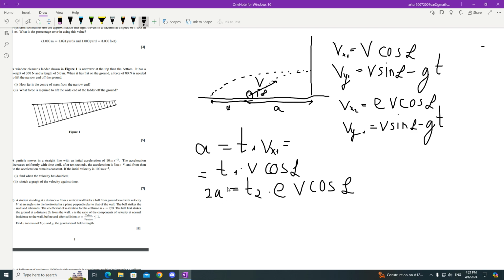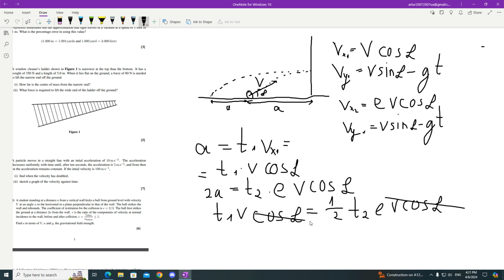We have that t1 V cosine alpha is equal to 1/2 of t2 e V cosine alpha.